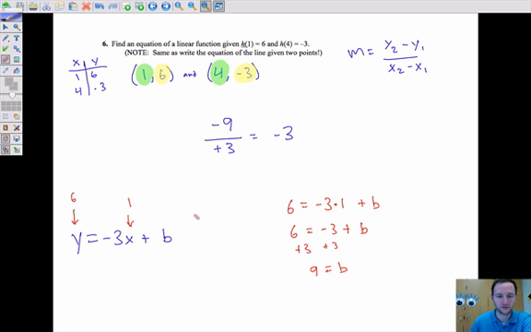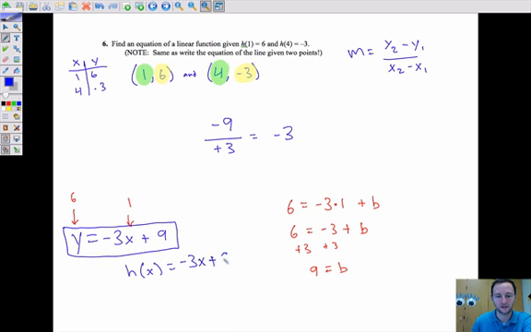So the last part of my equation is 9. So it's negative 3x plus 9. If I write it in function notation, it's just f of x. Oh, sorry, h. H of x equals negative 3x plus 9. Okay?